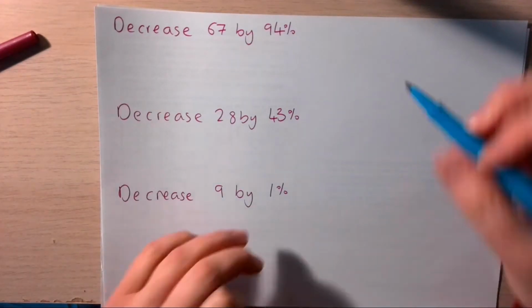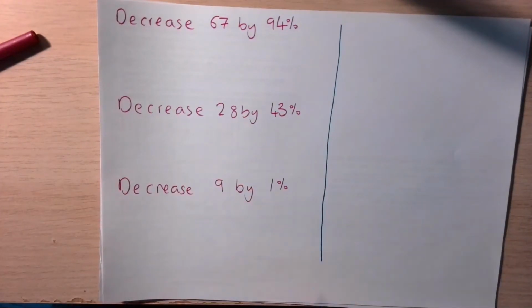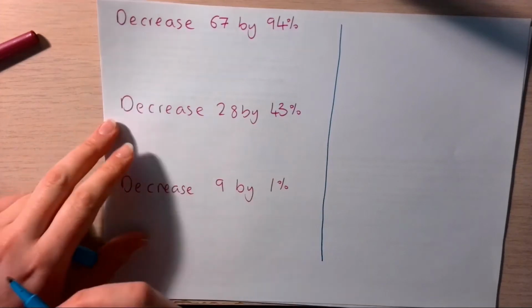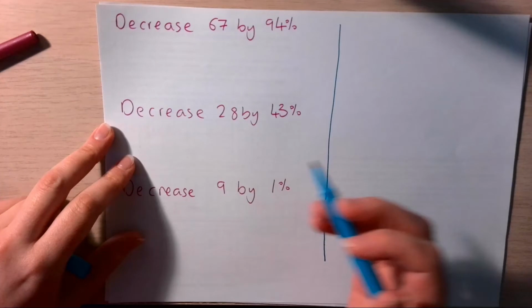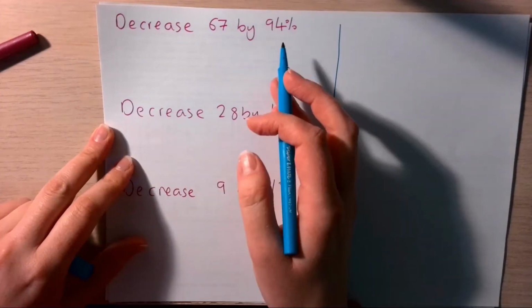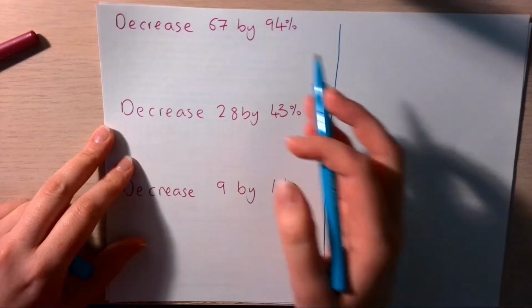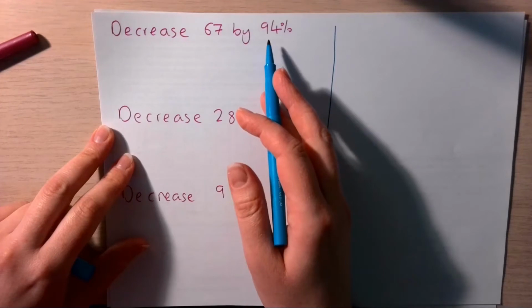I'm going to just take a couple of little notes off to the side here. Now, if you're taking 94% off something, you're actually leaving so many percent on. So if I'm taking 94% off, I'm actually leaving 6% on. Hopefully you can see where that comes from because, of course, percentages add up to 100.